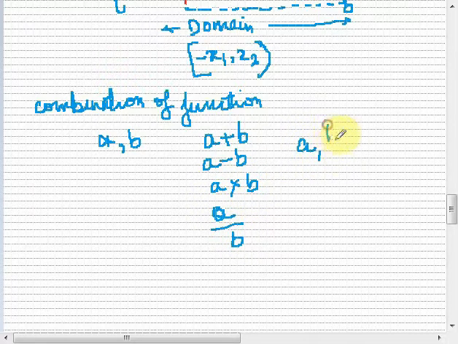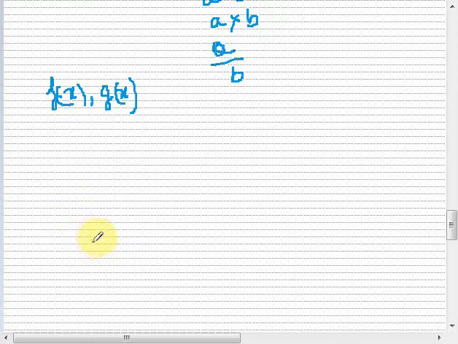A comma b belongs to real numbers. Similarly, two functions can be combined to create a new function in a similar manner. Suppose two functions are f(x) comma g(x). Then in the same way as we combine the real numbers, the functions can be combined.